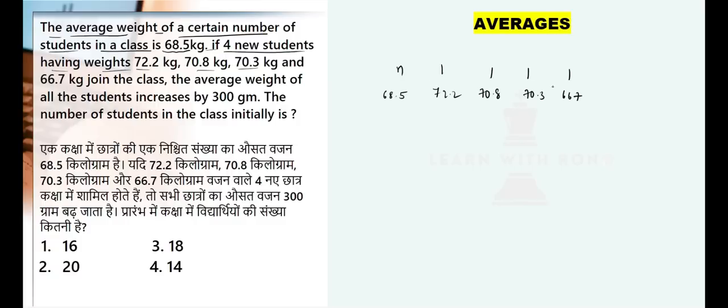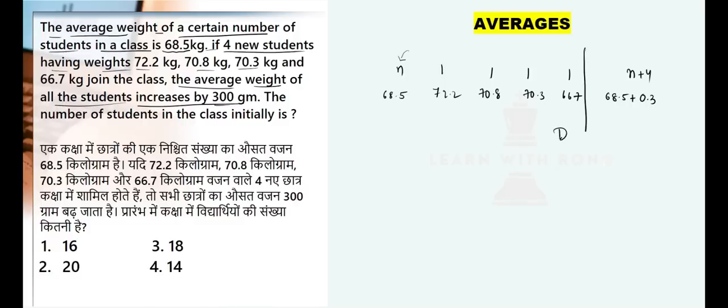So when these 4 people are added to the initial n number of students, the average weight of the students increases by 300 grams, which means when these 4 added, the total students is n plus 4, the average increased by 300 grams, which means initial average 68.5, 300 grams is 0.3.